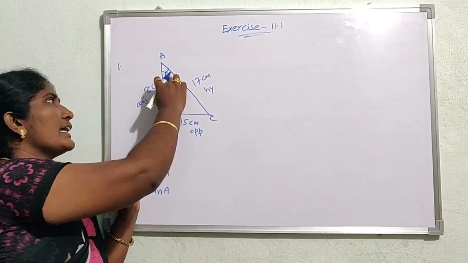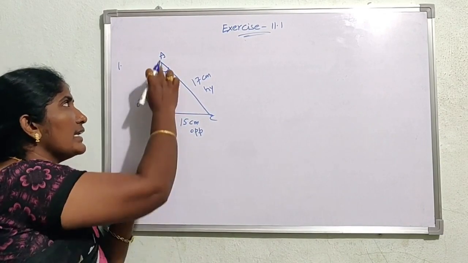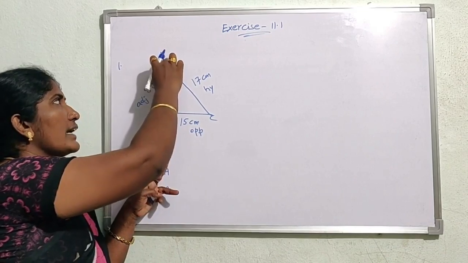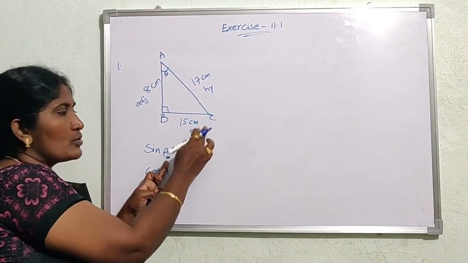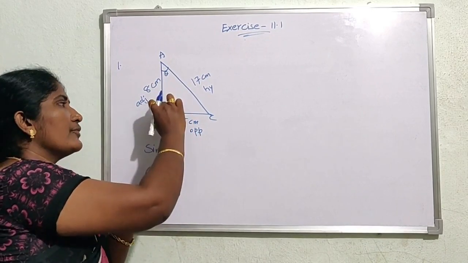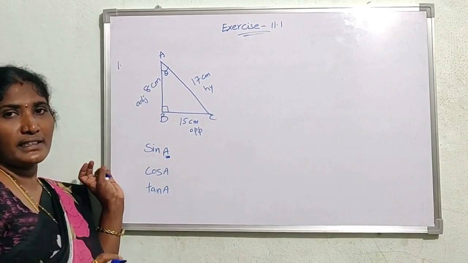Why we take an angle at A? Since they gave sin A, that means we want to consider angle at A. So we consider angle at A. The side which is opposite to A is BC. So it becomes opposite. The side which is opposite to right angle becomes hypotenuse, and the remaining is adjacent side.